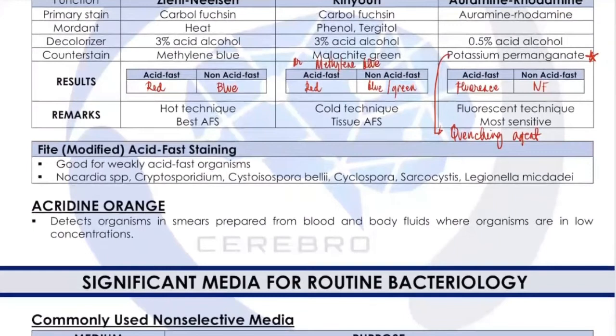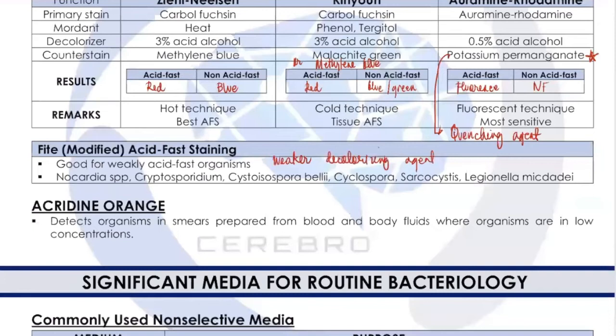So always remember na yung pinagkaiba nitong Fite acid-fast staining technique, or the modified acid-fast staining technique, from those that are utilized kanina, yung Ziehl-Neelsen and tsaka Kinyoun, because this one is making use of a weaker decolorizing agent. So that's the difference of the modified acid-fast stain.